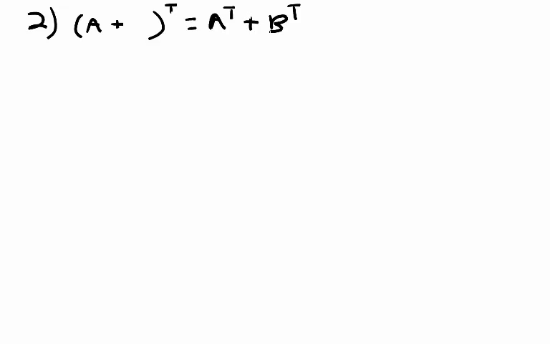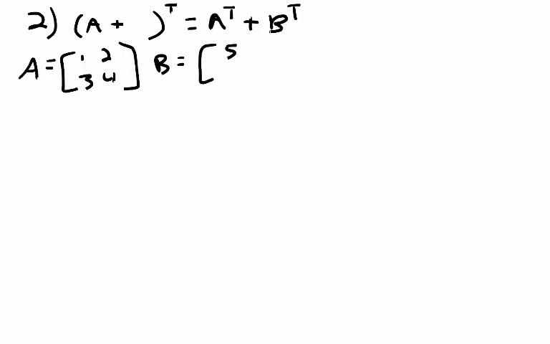In other words, we have matrix A, which I'll call 1, 2, 3, 4, and I have matrix B, which I'll let be 5, 6, 7, and 8.